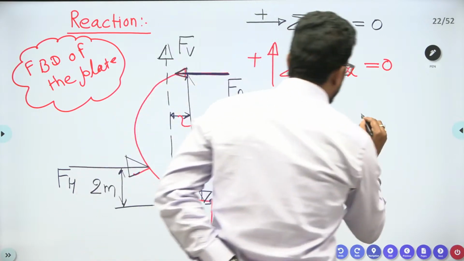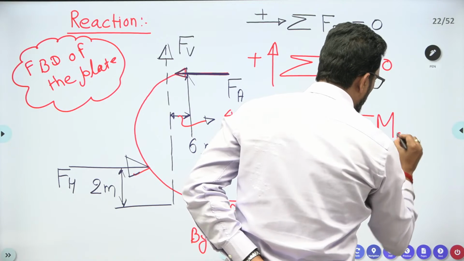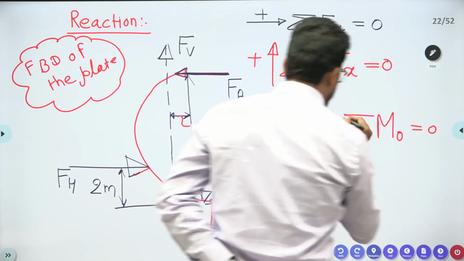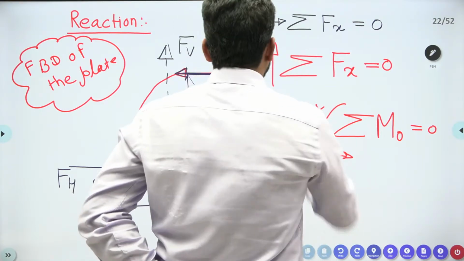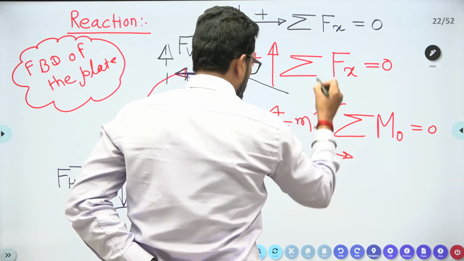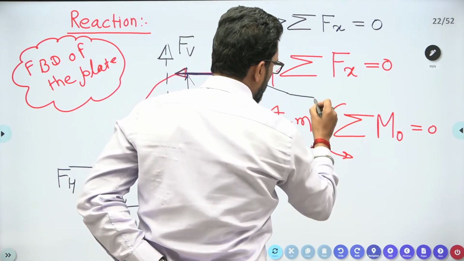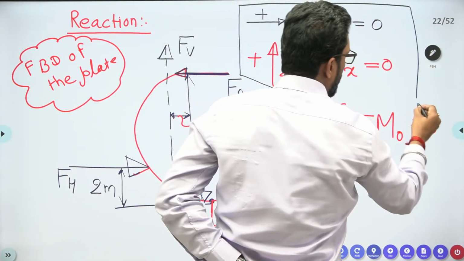What is the third equilibrium condition? The net moment at any point O is equal to 0, taking anti-clockwise as positive. So this is your equilibrium equation. You know all these things.